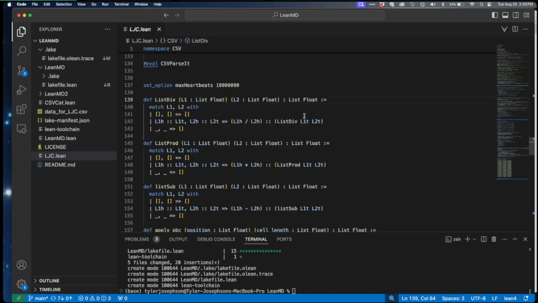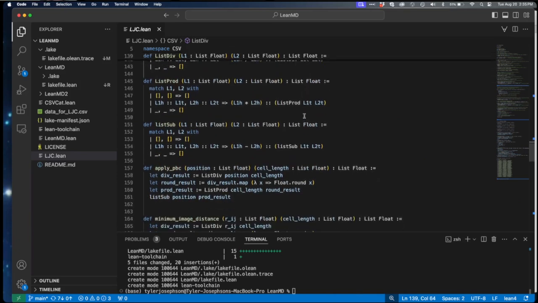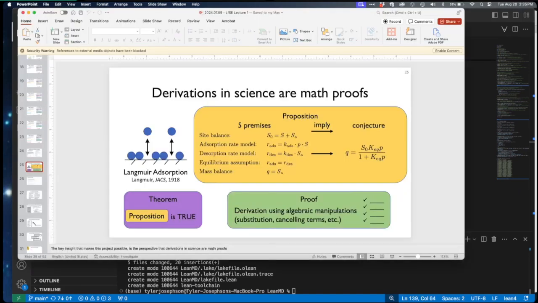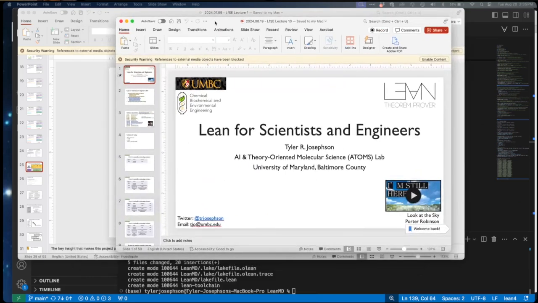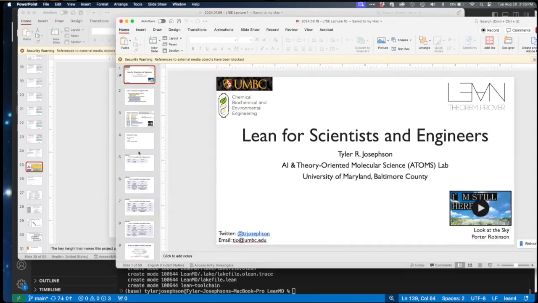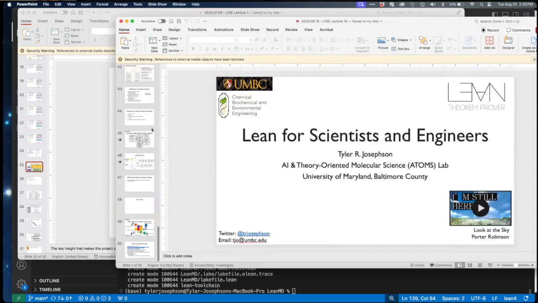And the logic of this, if I go back to the graph, oops, wrong one. We closed it. LeanMD. Okay, here we go.